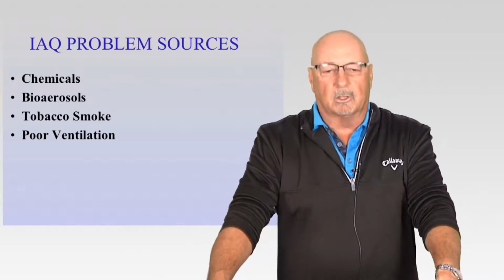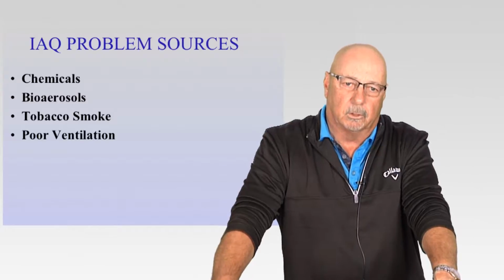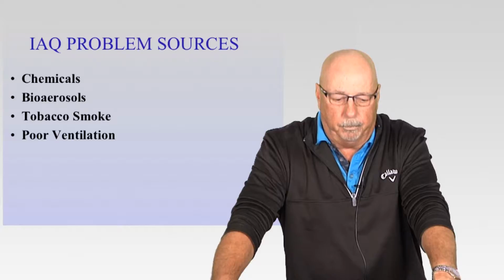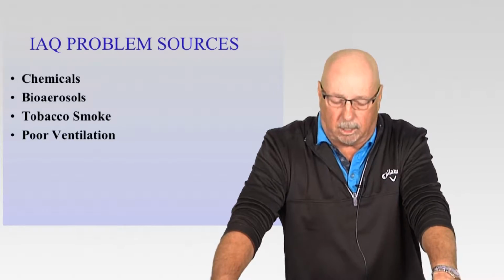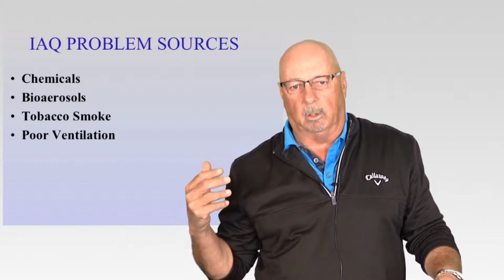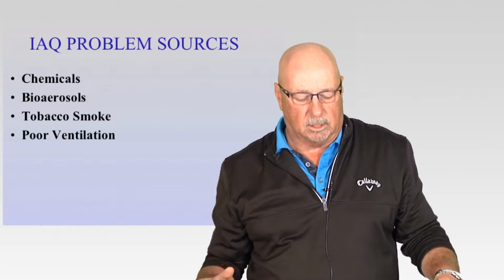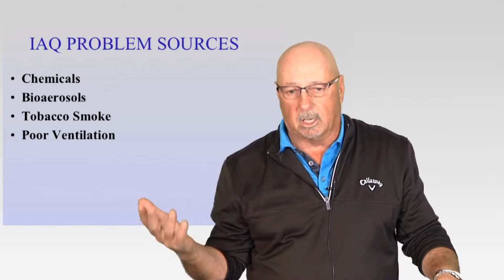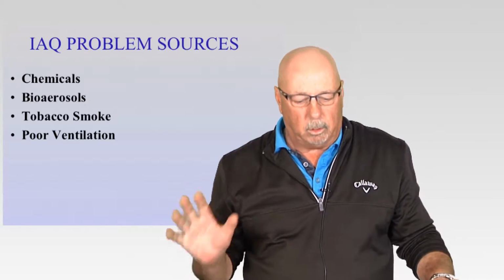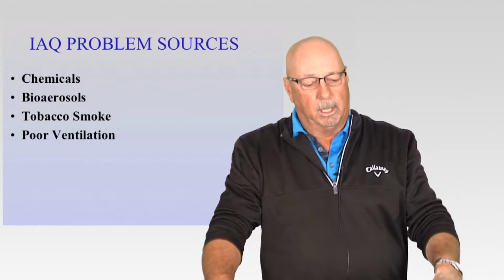Well, if we look at some of the sources that can cause indoor air quality problems, the first one is very obvious: chemical sources. Many of our businesses will use chemicals, even in an in-office environment, where we're working with copying machines and reproductive machines, and there are various chemicals used in cleaning supplies and so on. So we do have potential chemical exposures in any kind of building.